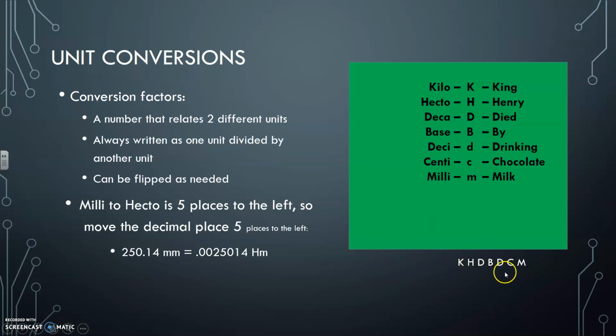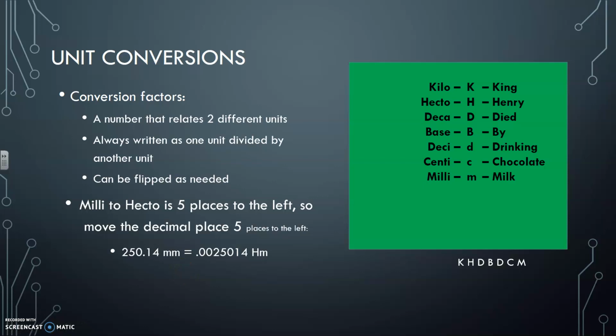So we've got milli going to hecto. Move the decimal point 1, 2, 3, 4, 5. The direction that you're moving on this scale is the direction that you'll move your decimal point. So you move it 5 places to the left.